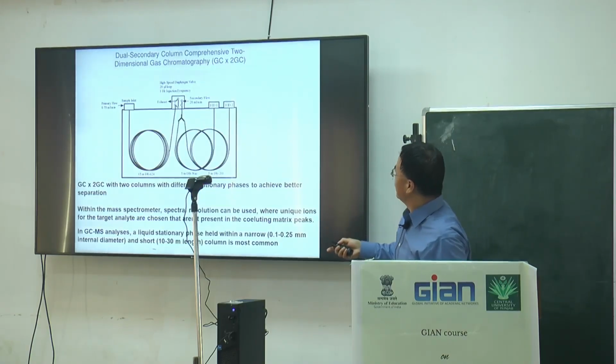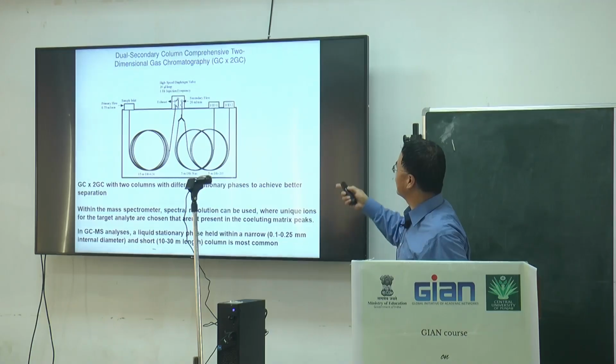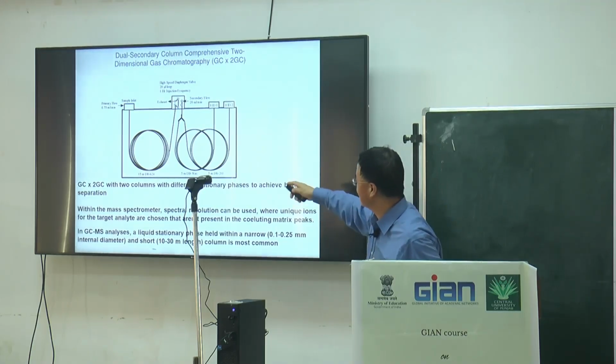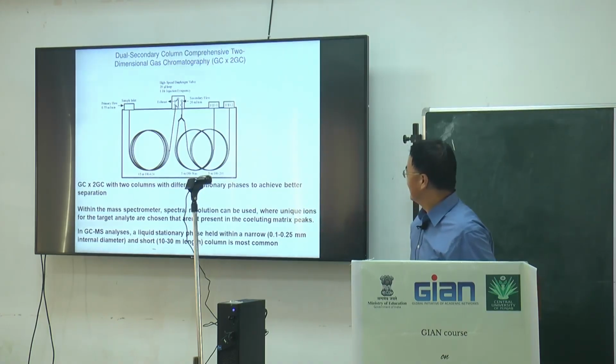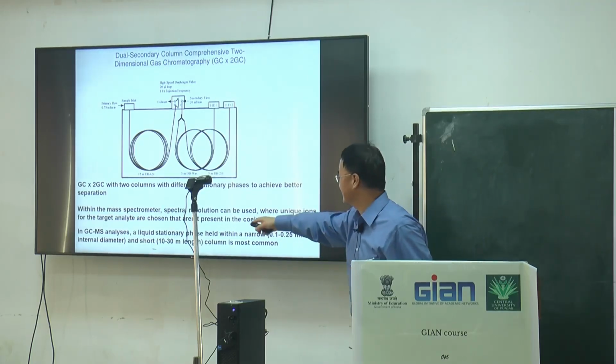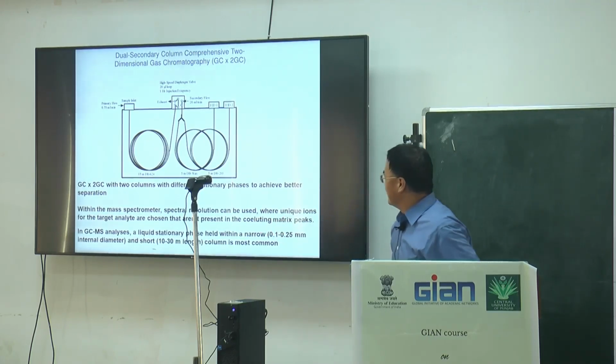This is the GC, times another GC, which makes it even better. Of course, I think this paper tries to achieve a special purpose. But anyway, there are some common parameters for the liquid stationary phase.